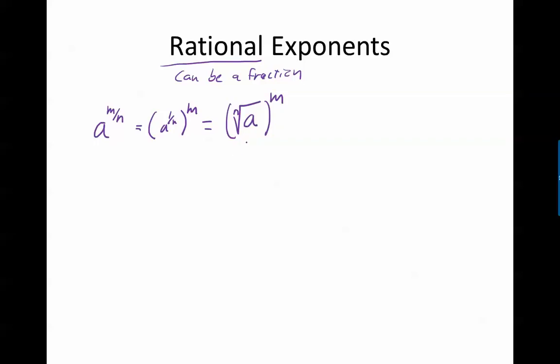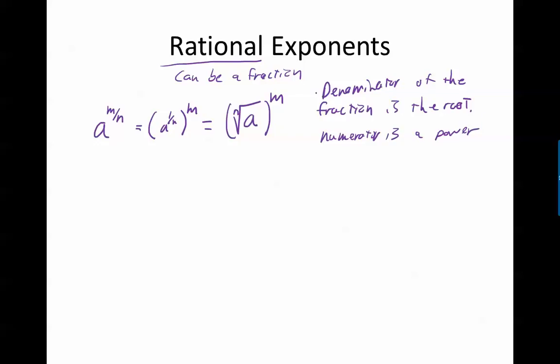So the denominator of the fraction is the root. This denominator, whatever it may be, it's the root of the fraction, and the numerator is a power. So the denominator of this fraction is the root, and the numerator is the power.